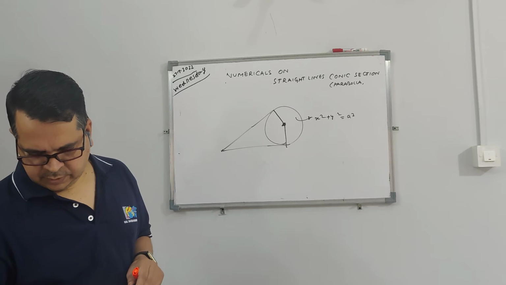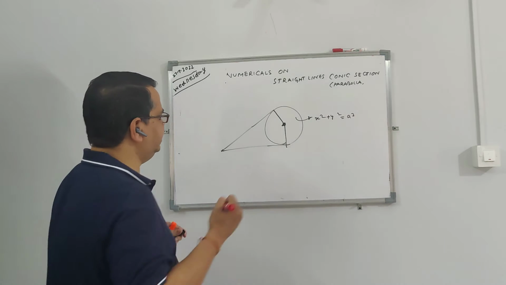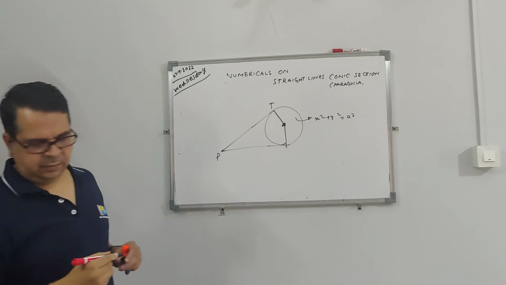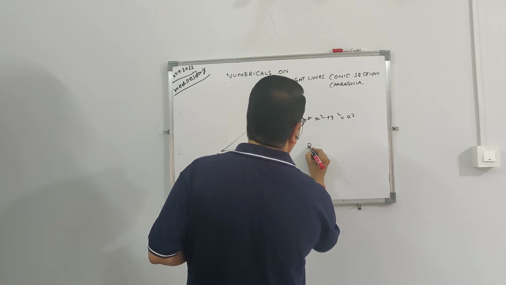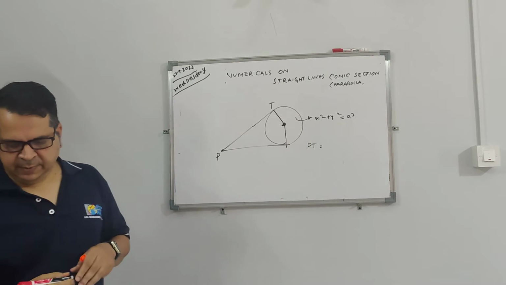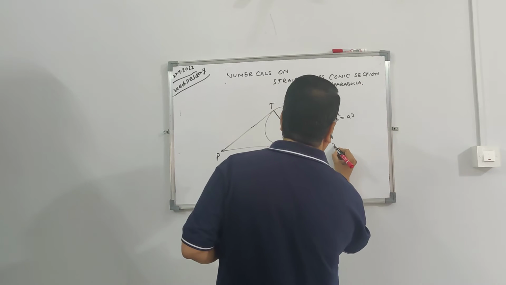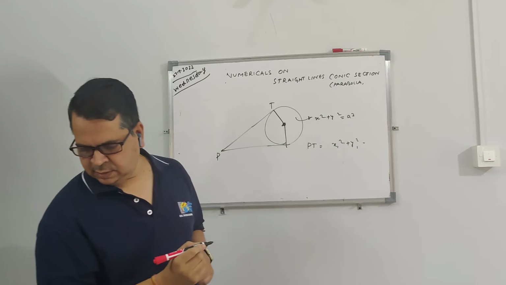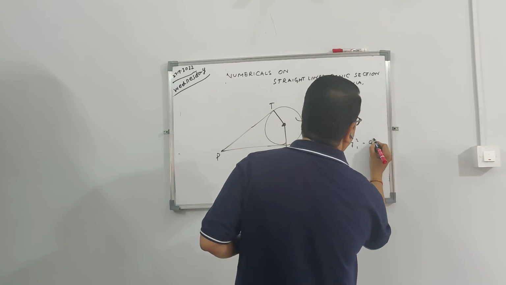So if this distance is your tangent and this is your point P, what is the length of the tangent? Okay, that PT is equal to square root of x1 square plus y1 square minus a square.